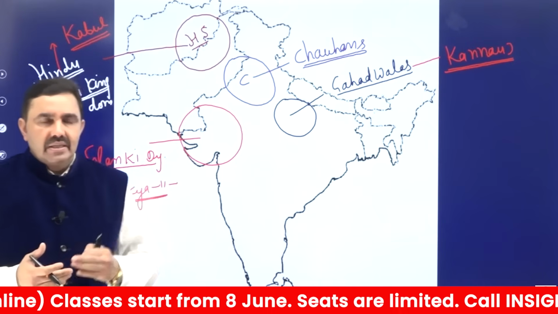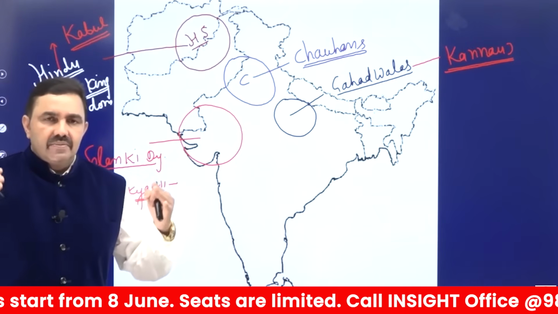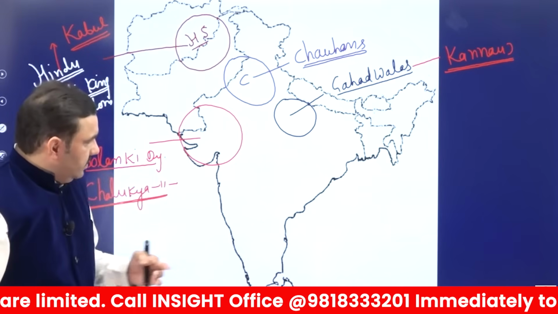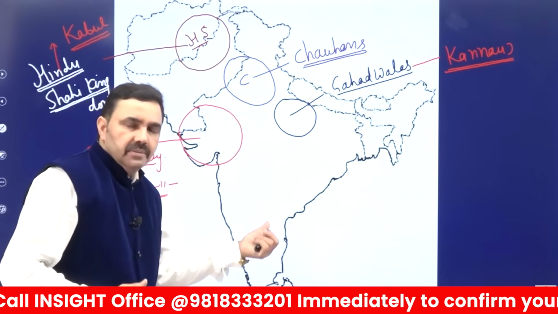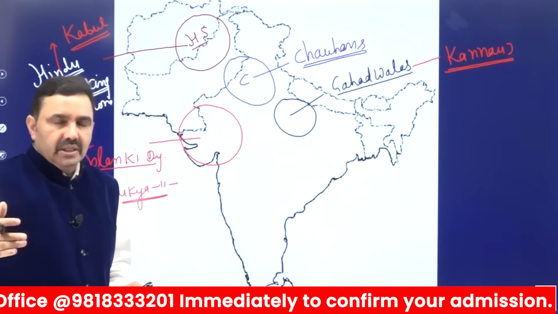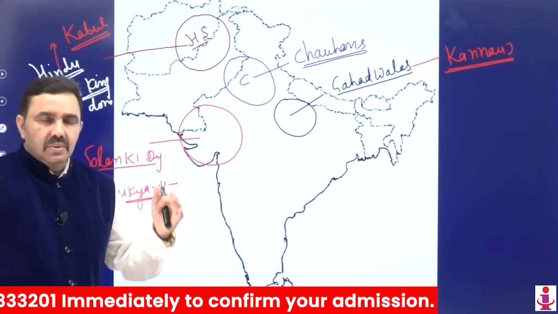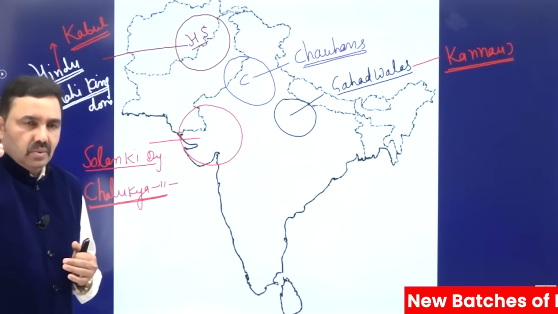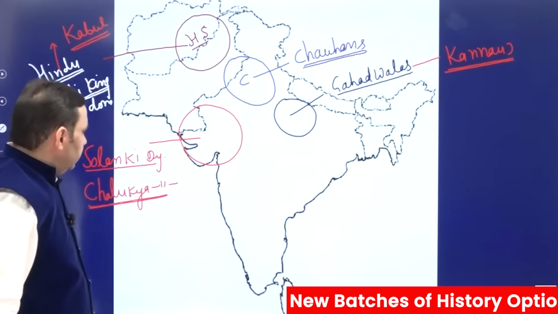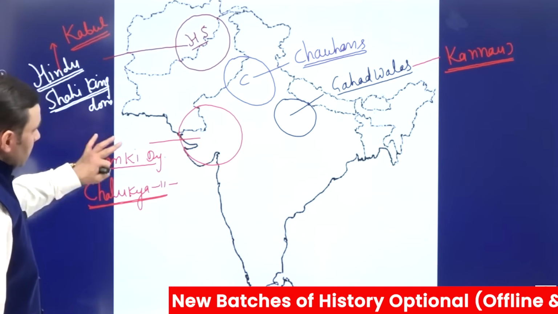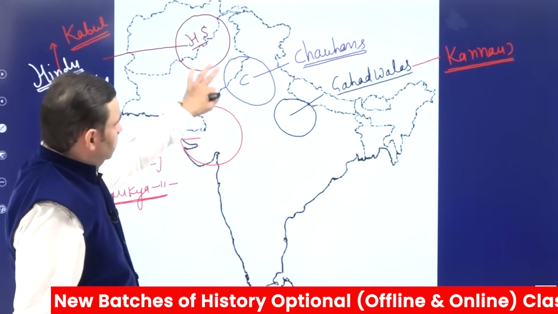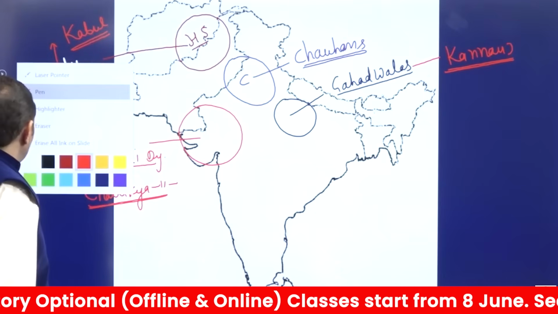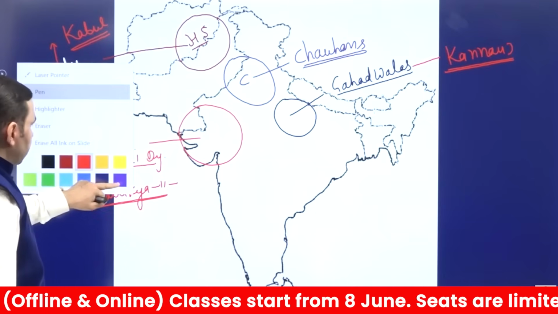One example was seen in the previous classes, Pulkesin II of Chalukya dynasty. And this Chalukya dynasty was from Karnataka. Badami or Vatapi in Karnataka was the capital of Chalukyas, the dynasty to which Pulkesin II was associated. This was different. These are Rajput kingdoms. This is not the Chalukya of Vatapi, these are Rajput kingdoms of North India.